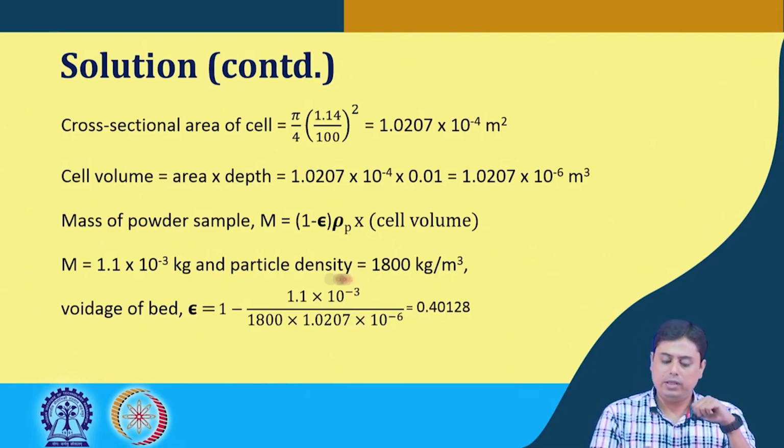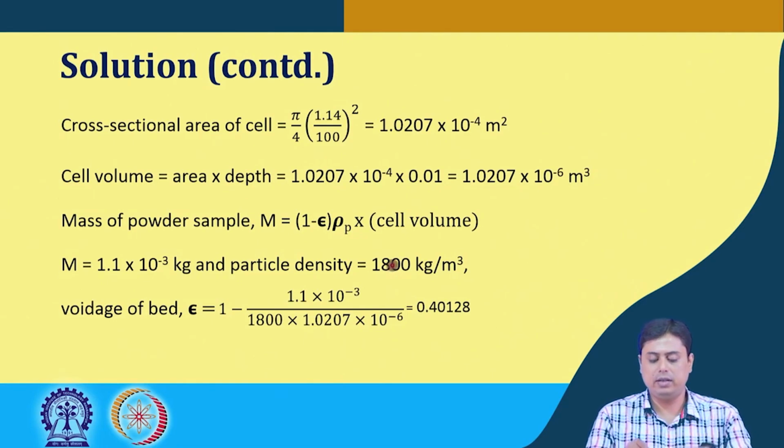Clear? We just numerically replace all these parameters, where m is 1.1 into 10 to the power minus 3, density of the particle powdery material is given as 1800 kg per meter cube. So, we find that the bed voidage is 1 minus 1.1 into 10 to the power minus 3 divided by the density multiplied by the cell volume, which is the mass of the powder sample.